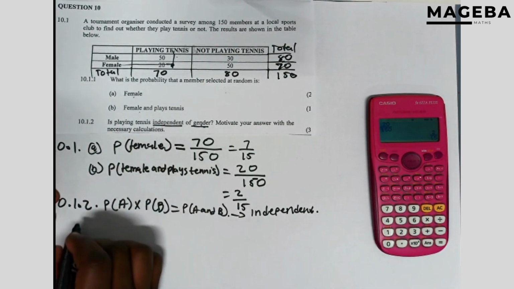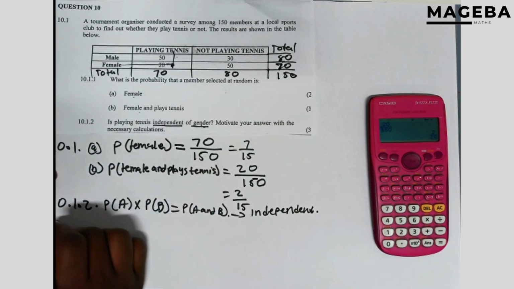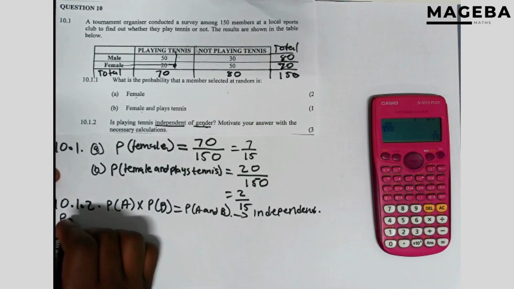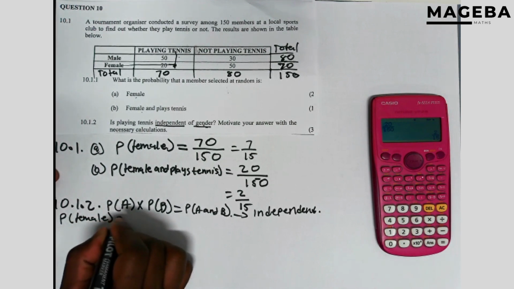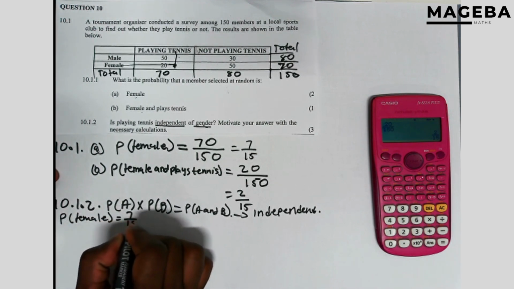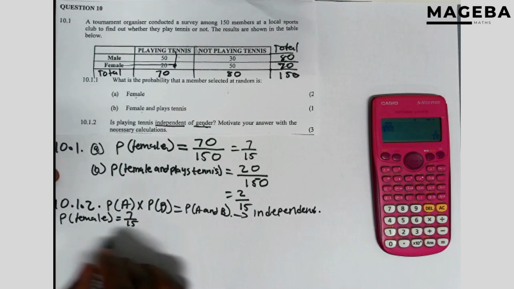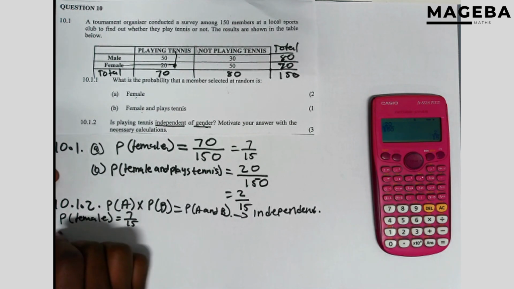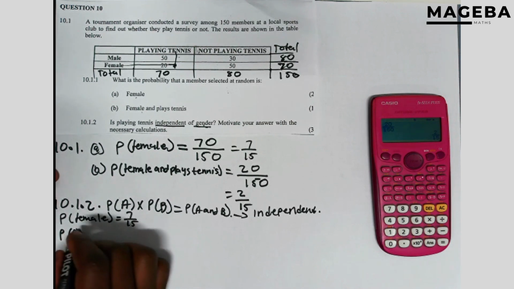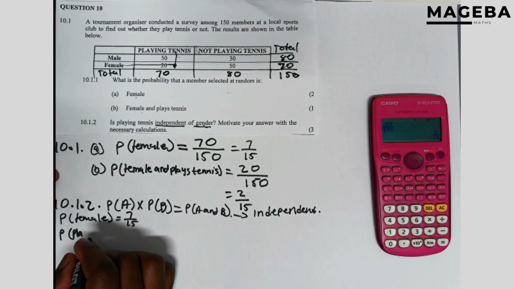So now we do have the probability of a female. We have already found it, which is 7 over 15. And then we need to find the probability of playing tennis, because it also includes tennis.